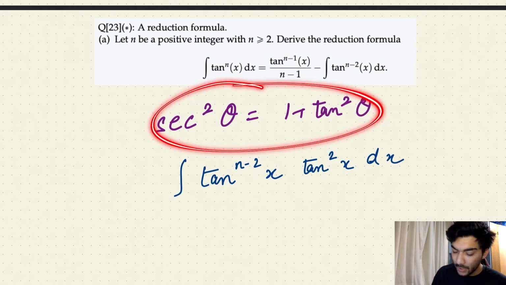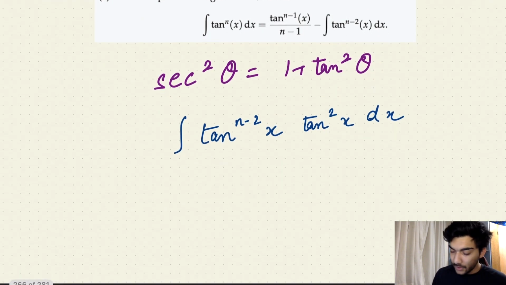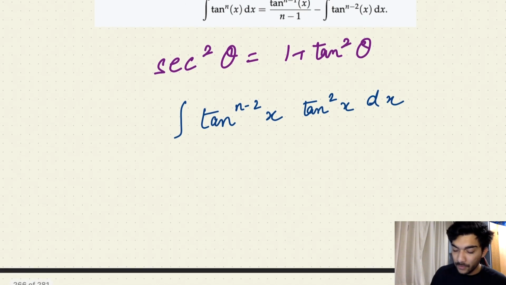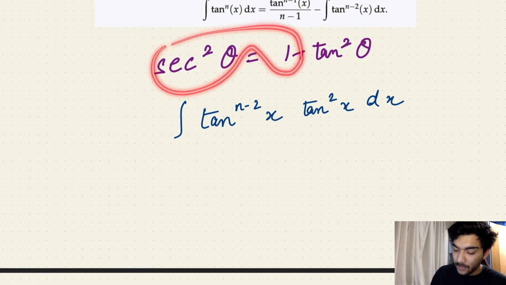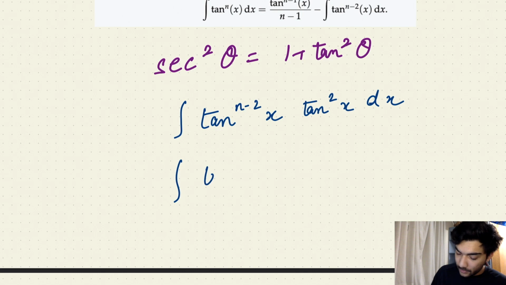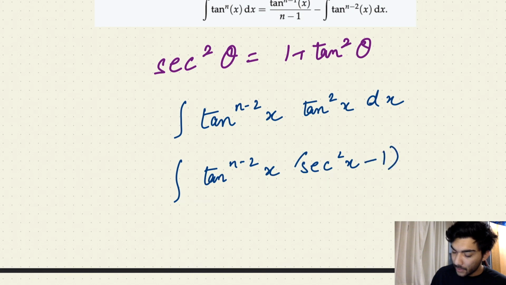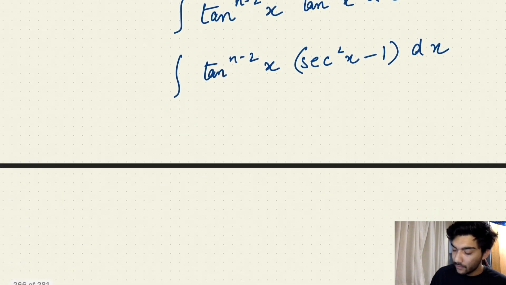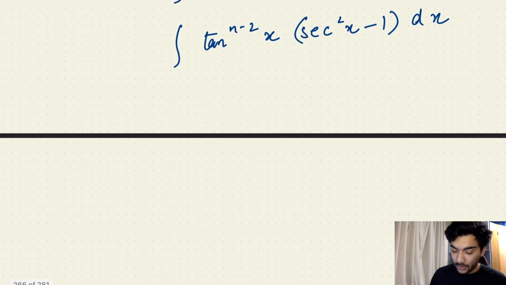And we can use this identity to substitute the value of tan square x, which would be secant square x minus 1, right? So this would be the integral of tan to the power n minus 2 x times secant square x minus 1 dx over here, right? And now in order to solve for this integral, we can split both of these portions.